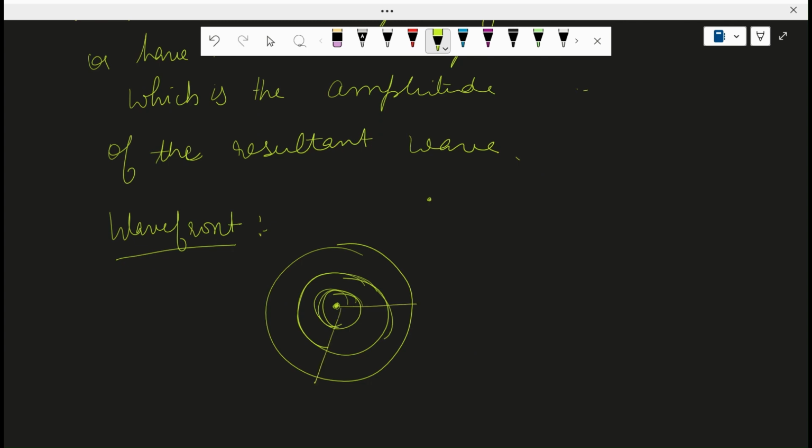So light will always travel like this. It will always meet at this point. All the rays will meet at this point within this circle. So all rays of light, when they meet in this circle, they have the same phase, right?